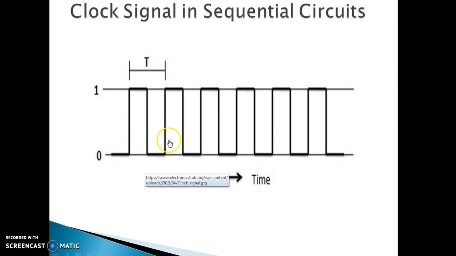Simply, the clock signal is a train of rectangular pulses having high and low values continuously, with a duty cycle of 50%. The duty cycle means the ratio of on time to total time.